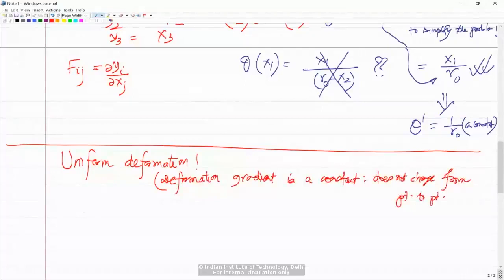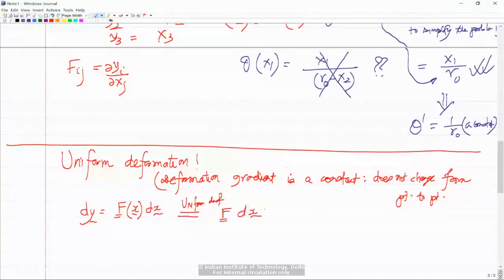Okay. Now, do you recall that we had derived that dy is equal to big F, which is a function of x, dx? I hope you can recall this. The deformed line elements and the undeformed line elements, that's how they are related. But if F is constant, so for the case of uniform deformation, it is simply F dx, right?